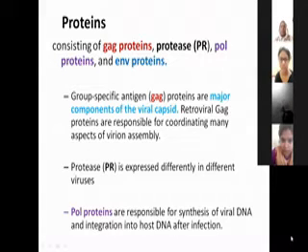Retroviral GAG proteins are responsible for coordinating many aspects of virion assembly. They play a major role during the viral assembly.